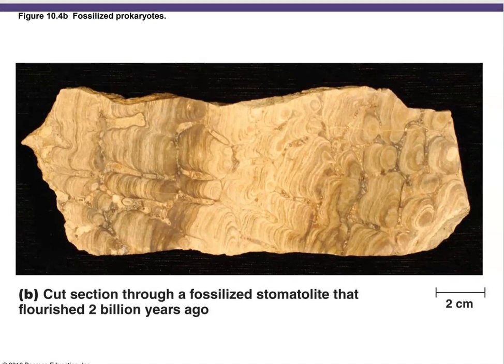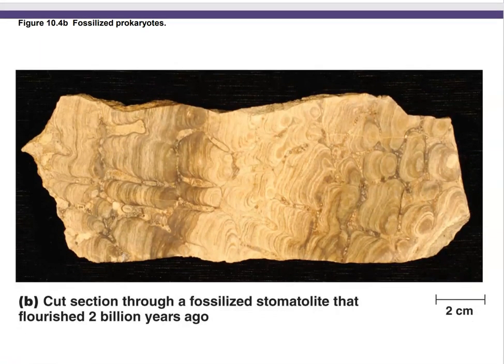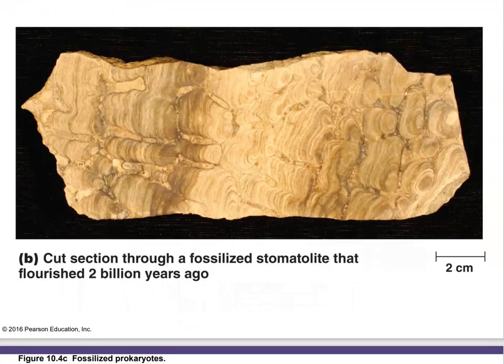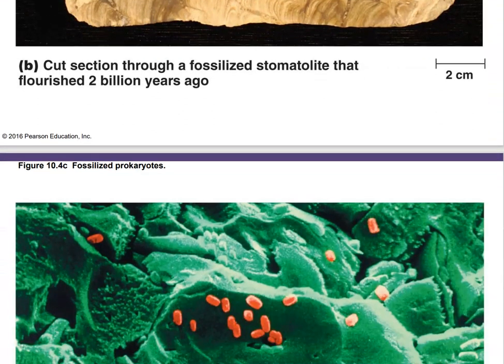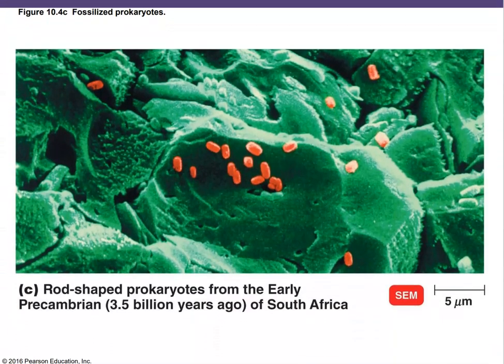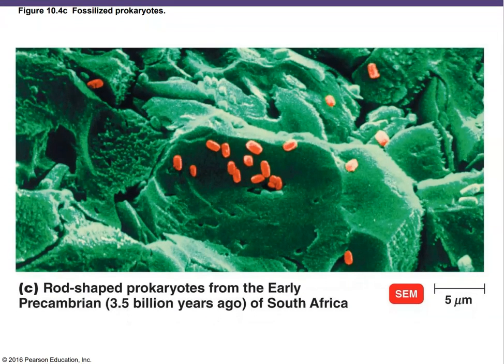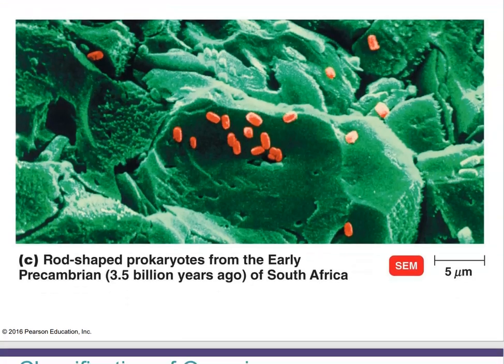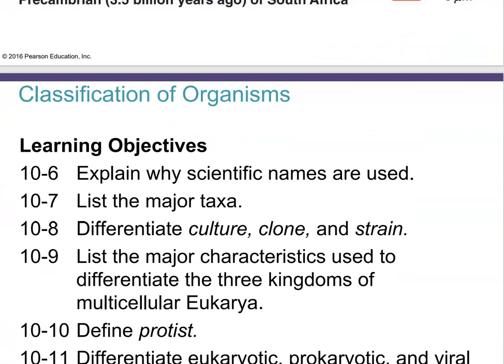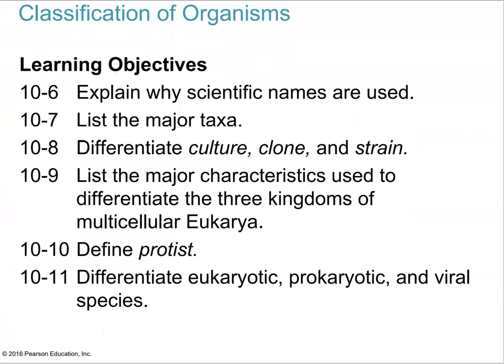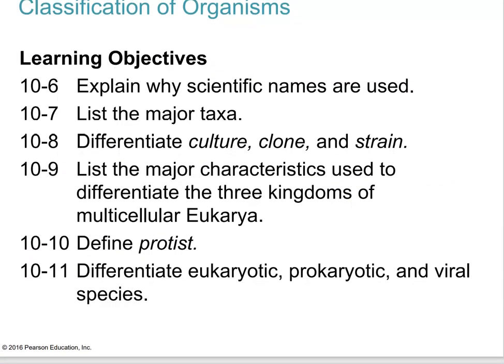That's probably all you're going to have: take a look at fossil records and look at their shapes, and maybe you can figure out some other characteristics about them. So here, more fossilized prokaryotes. See these rod-shaped prokaryotes, about 3.5 billion years ago. So that's pretty old.